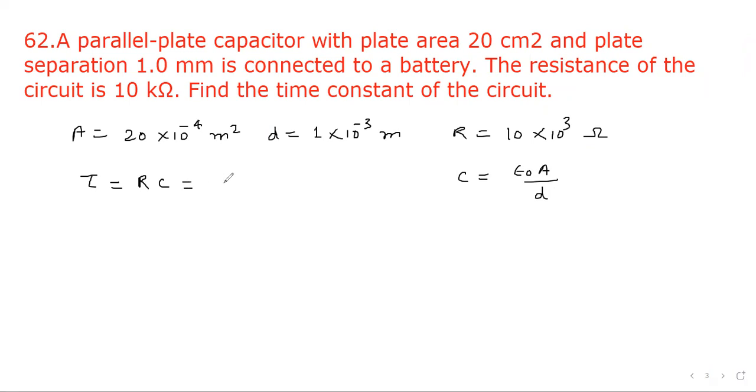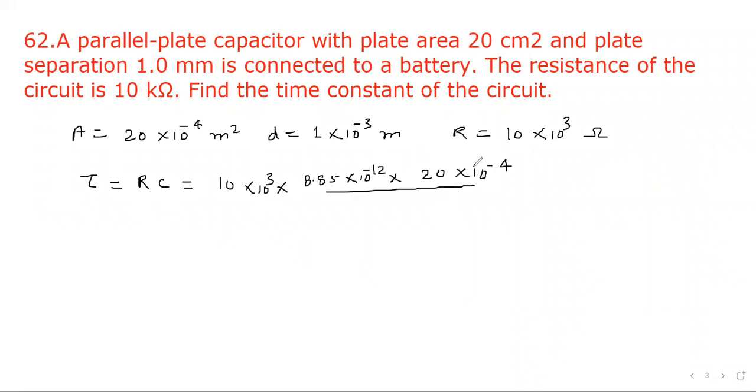So R is 10 into 10 to the power 3 into epsilon naught, that is 8.85 into 10 to the power minus 12, into area. The plate area is given as 20 into 10 to the power minus 4, divided by separation.